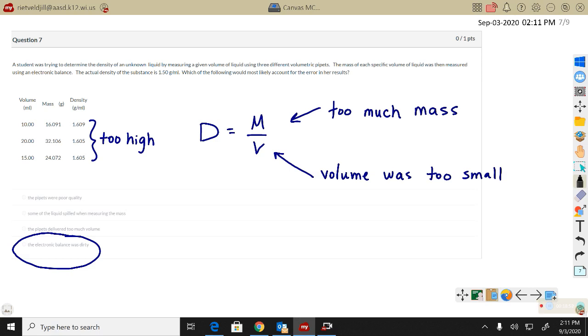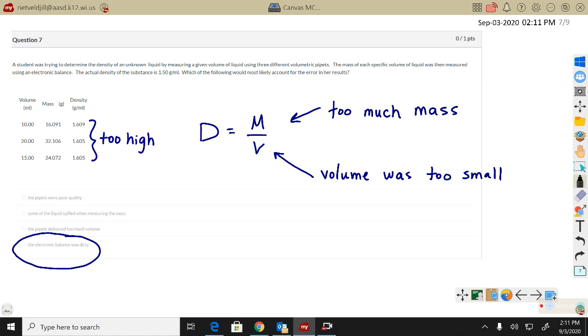So somebody maybe had a little weigh boat on the electronic balance, and they squirted the liquid in and some of it splattered out, I don't know. But then that would cause the mass to be too small if some of the liquid spilled out of my pan or weigh boat or whatever I was using. The pipettes delivered too much volume. Nope, if the volume was too high, then my density would be too low.